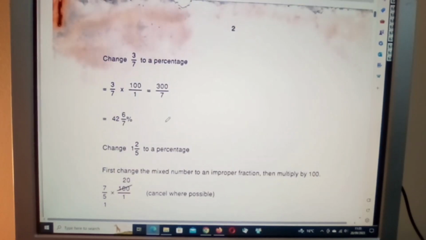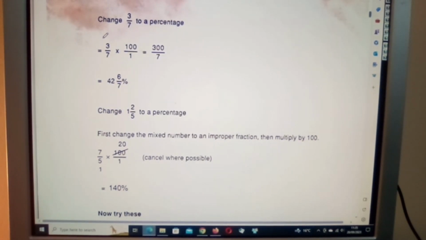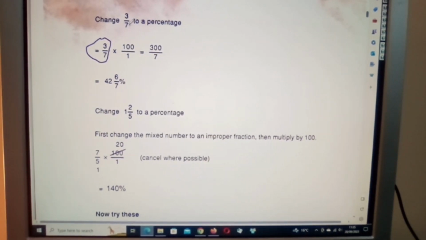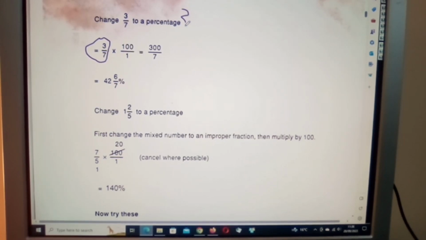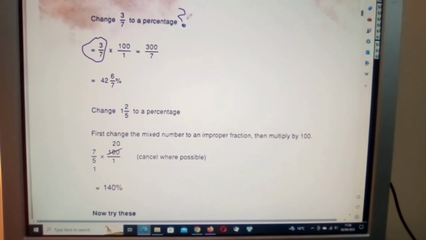Change 3/7 to a percentage. We take 3/7. Always rewrite out the question. That's a question mark.